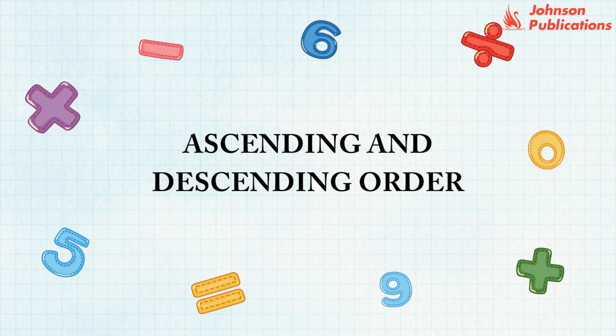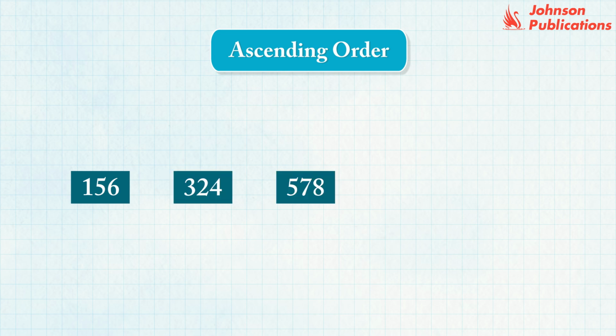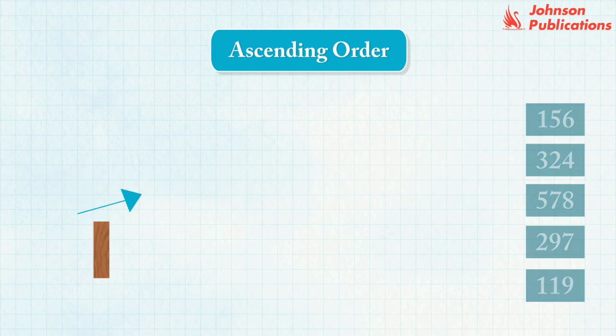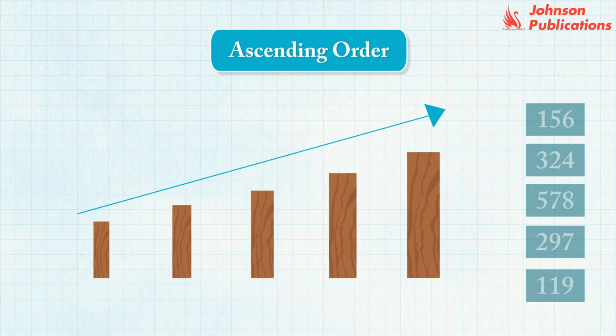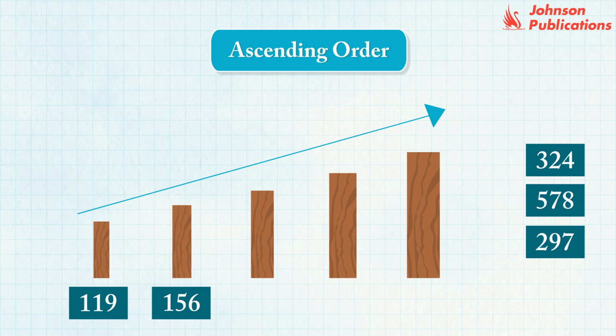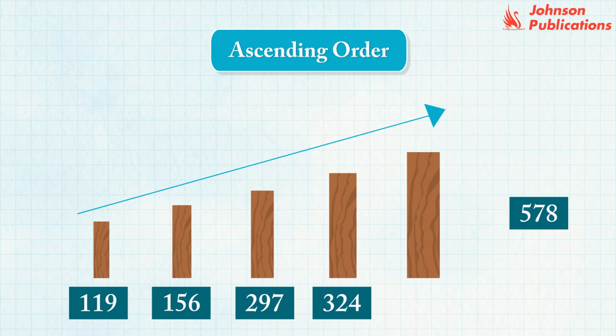Ascending and descending order. Let us arrange the numbers 156, 324, 578, 297, and 119 in ascending order. We know that ascending order means arranging the numbers from smallest to biggest. Thus, in ascending order, these numbers are arranged as 119, 156, 297, 324, and 578.